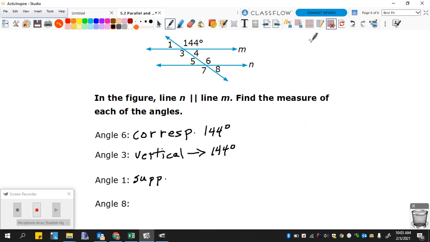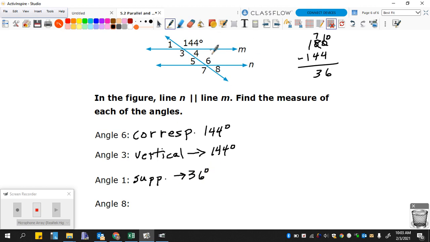So we're going to say 180 minus 144. All right. So borrow, that becomes a 10. 10 minus 4 is 6. 7 minus 4 is 3. So that is 36 degrees.